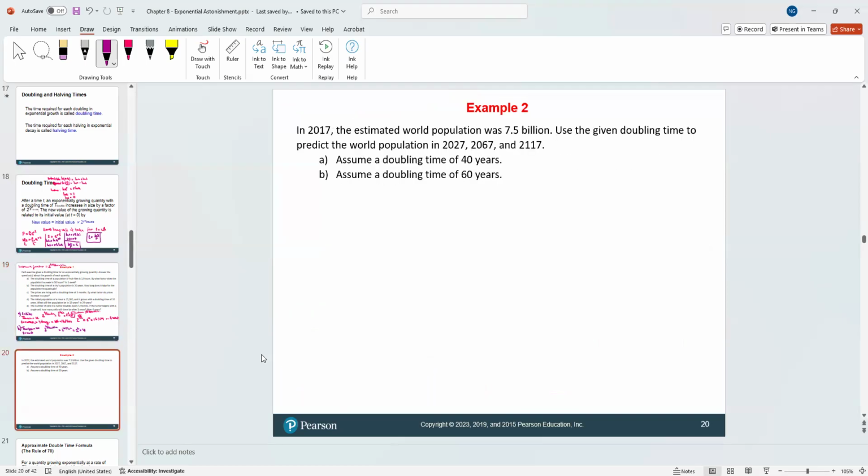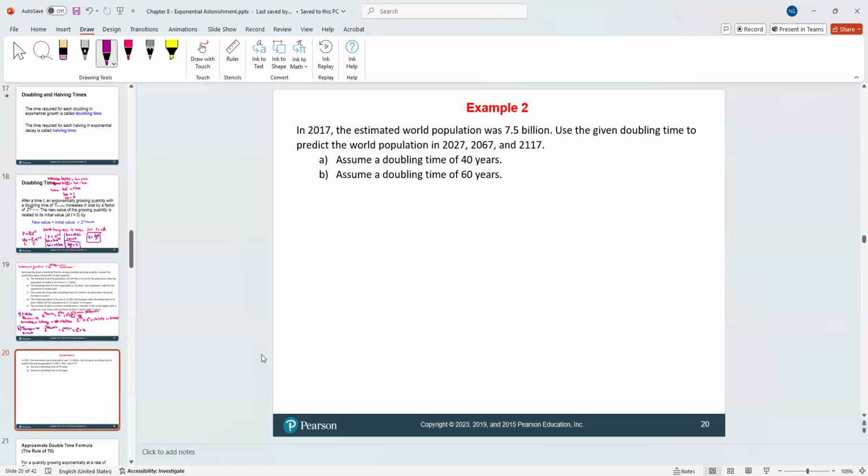Now, in 2017, the estimated population, that's another example that we can do. We're talking about these exercises. So we said in 2017 the estimated population was 7.5 billion people.